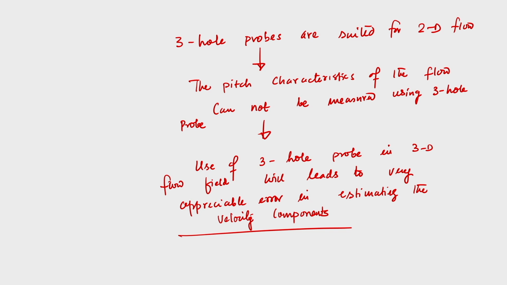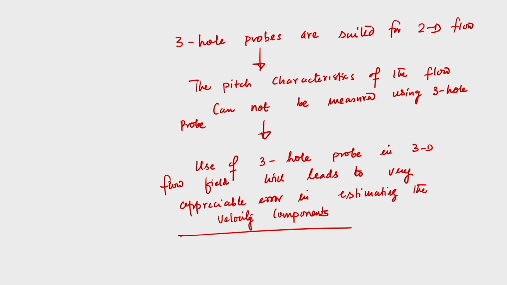So, since the central hole is there, another 2 holes are there, one on the left side, one on the right side. When we discuss the constructional features of the 4-hole probes, we will see that these pressure probes are drilled radially and connected through leads, pressure leads, to the manometer.